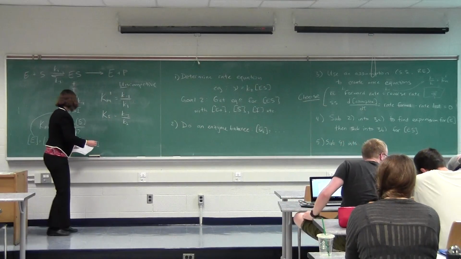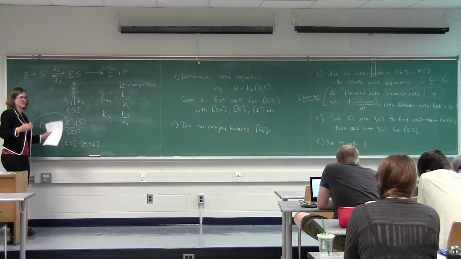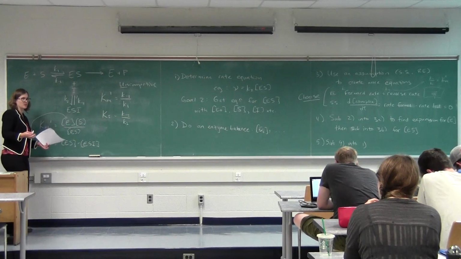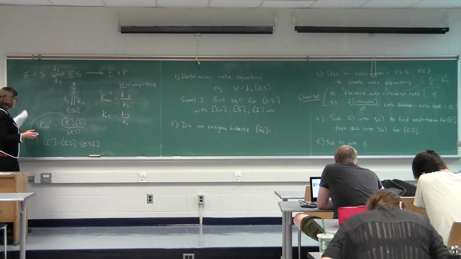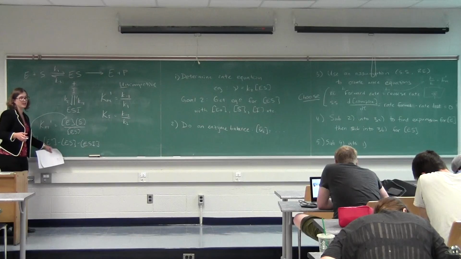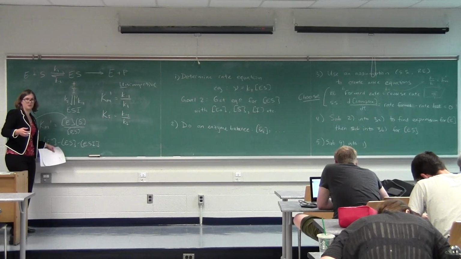So then you can rearrange that expression so that it's in terms of ESI, right? So then you have an expression for ESI equals something that is in terms of ES and E naught and S, right? Everyone follow where I'm going with this?